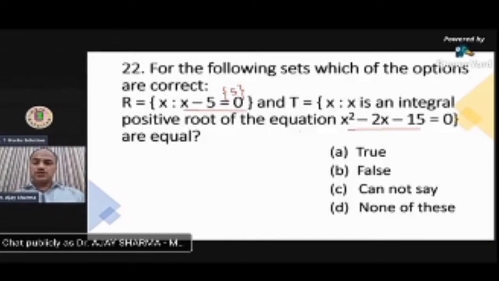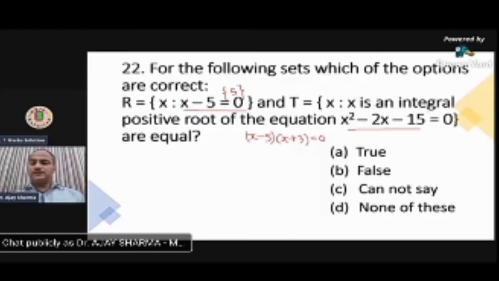When we solve this, we get the factor x minus 5. This is one factor. What is the other factor? x plus 3. Why am I writing this? Let me explain why I wrote this.